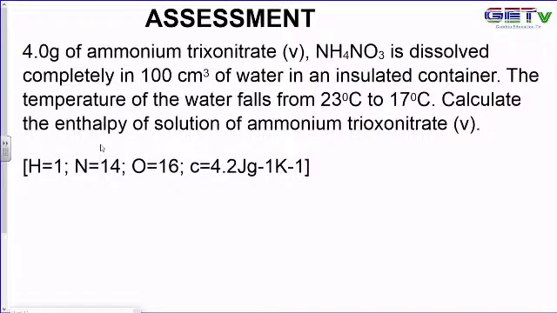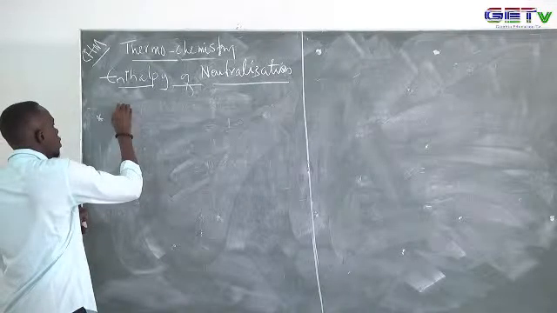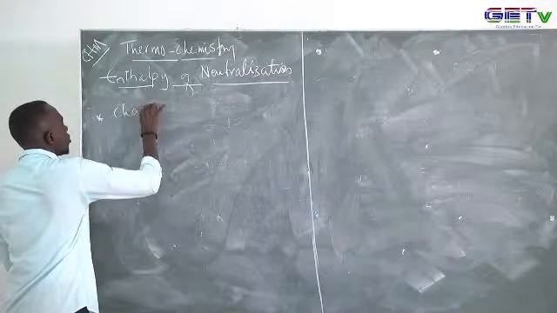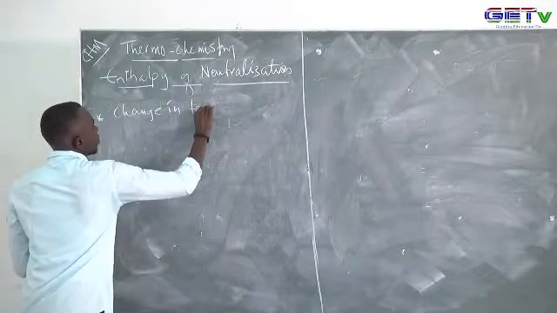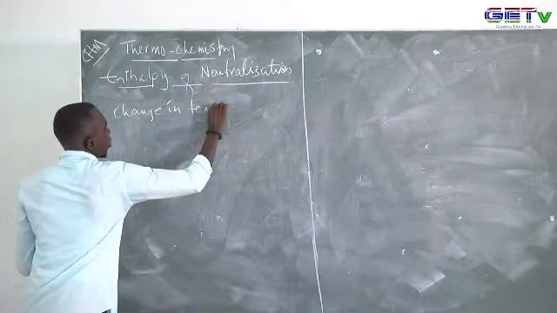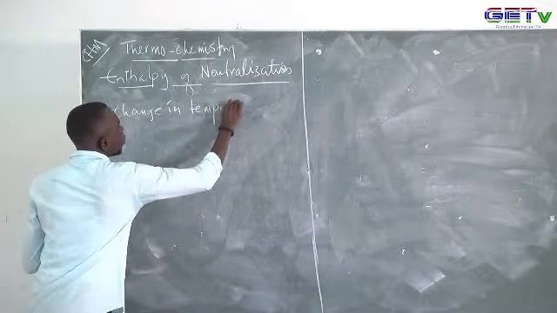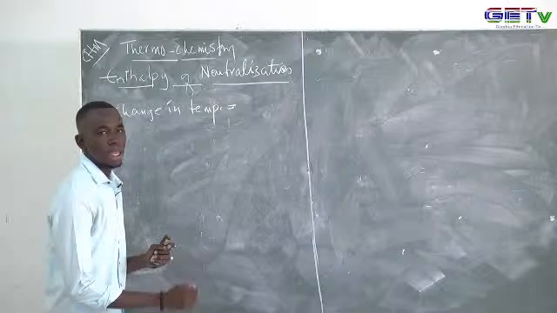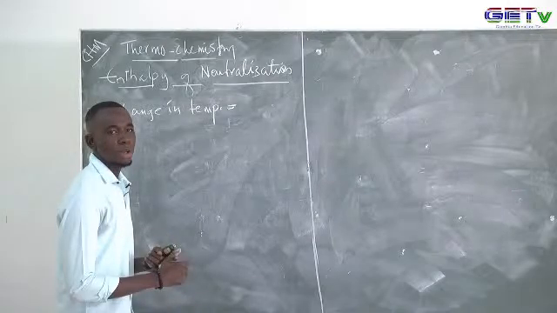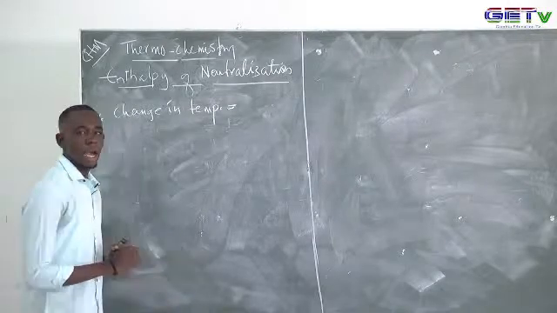Now, the first thing to calculate in this question is the change in what? In temperature. That is the difference between the initial temperature and the final temperature. Change in temperature.